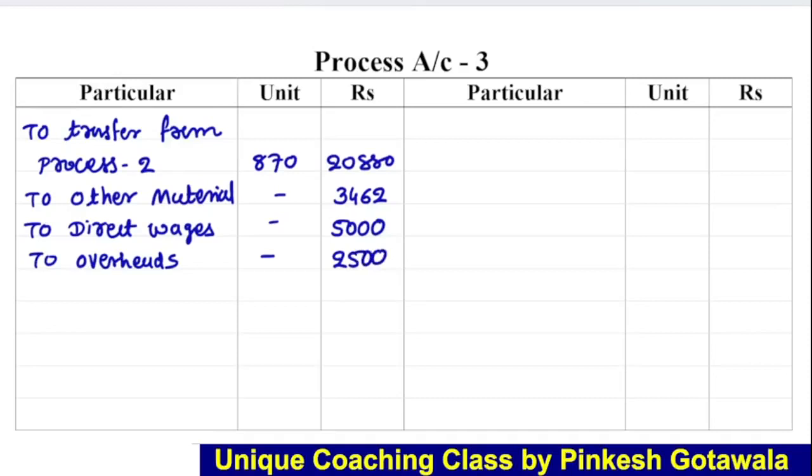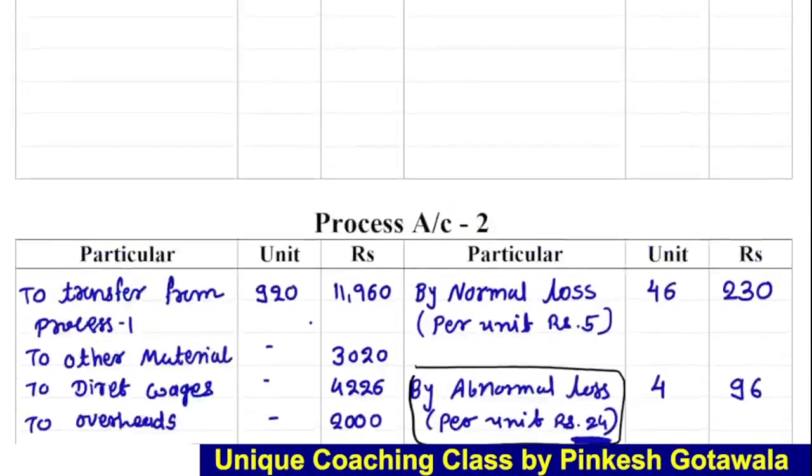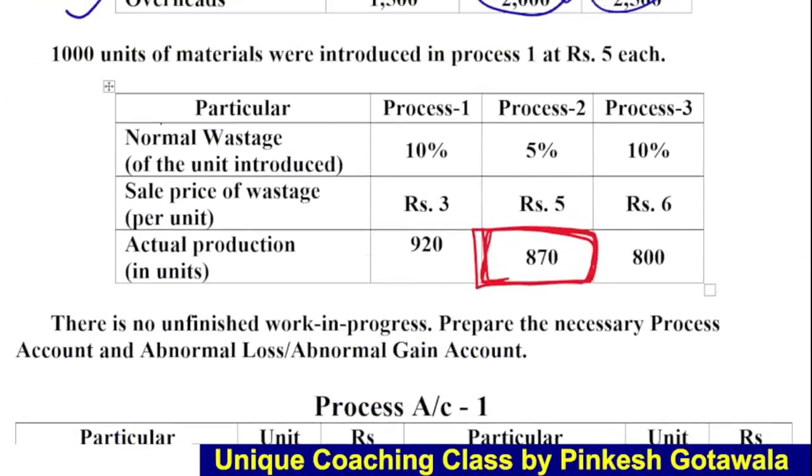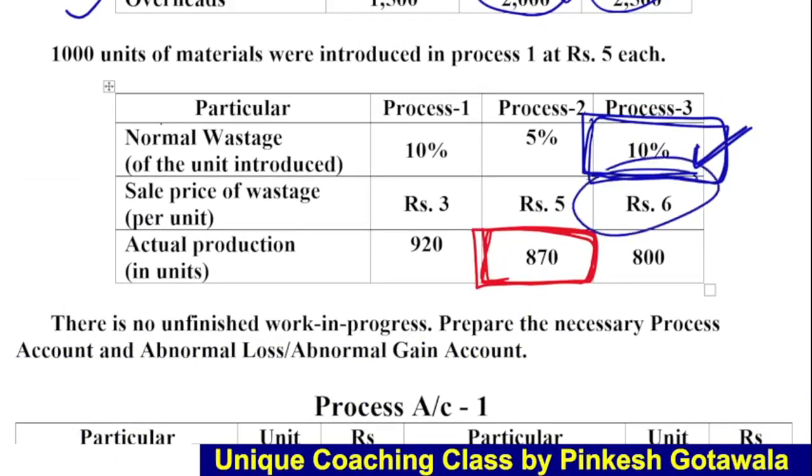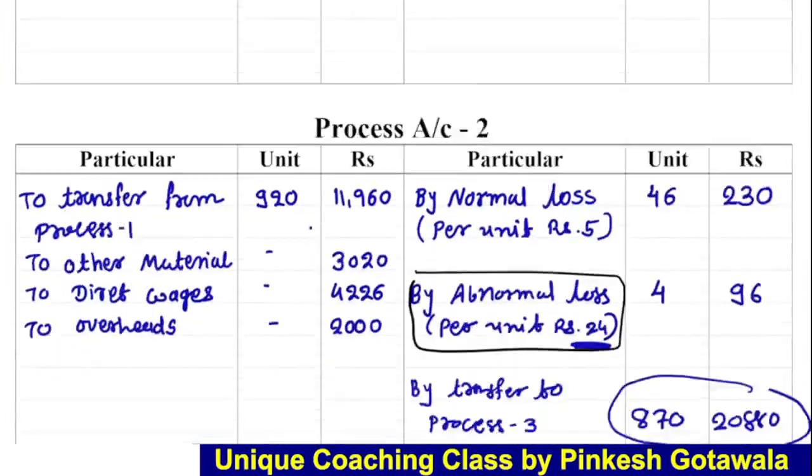Now the same point, there is also normal loss in every process. Normal loss is given also in process 3. So let's see how much normal loss is given. In process 3 you can see that there is a normal loss of 10% and it is sold at the rate of 6.